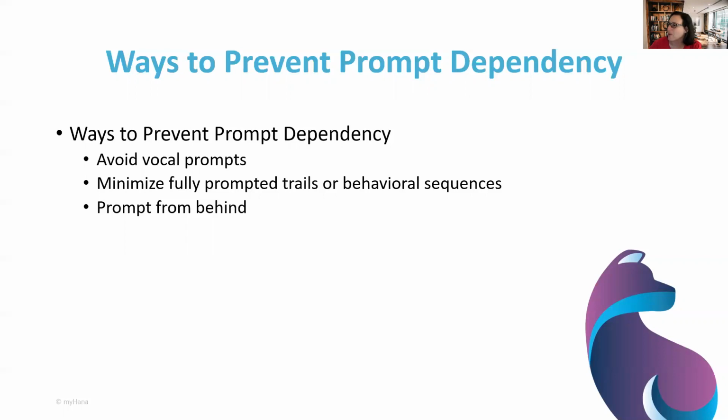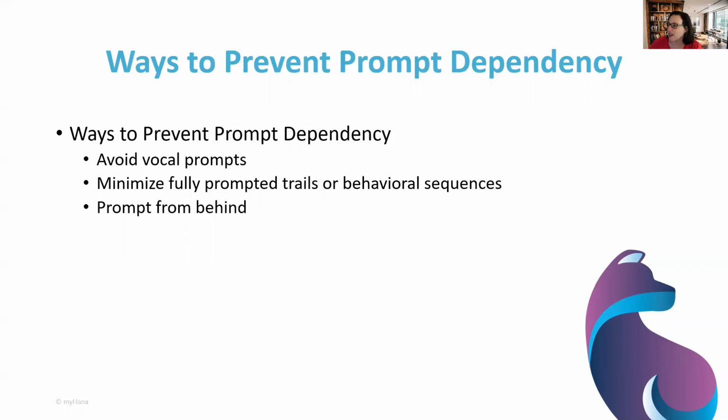To prevent prompt dependency, avoid reliance on your vocal prompts. They are the most difficult to fade out because you're also used to saying them yourself. There may be times you have to give vocal instruction, but providing the learner with instructions for each step is not going to be good once they can do it. So you can help them start and see how they do, and don't prompt all the time with your voice.